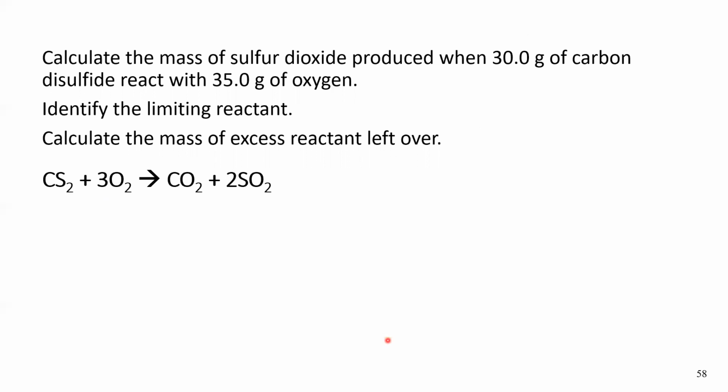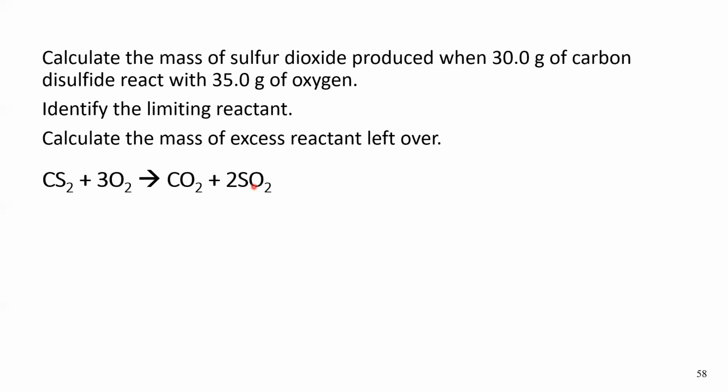So we have 30.0 grams of carbon disulfide. We want to find out how much sulfur dioxide can be produced. So there's our first stoichiometry problem. Then you're going to take 35.0 grams of oxygen and find out how much sulfur dioxide could be produced. There's your second stoichiometry problem.